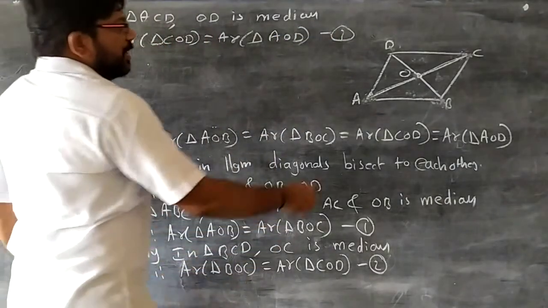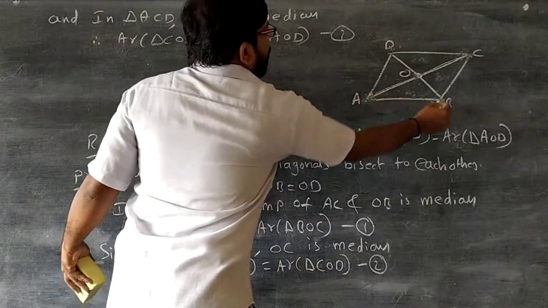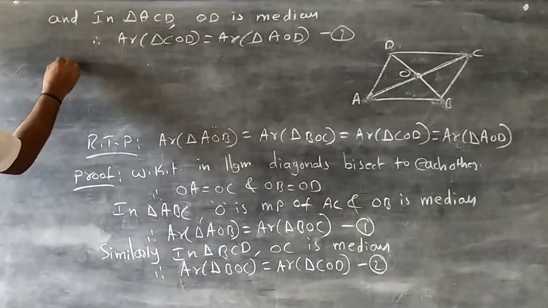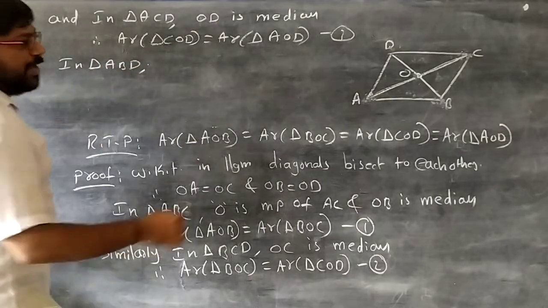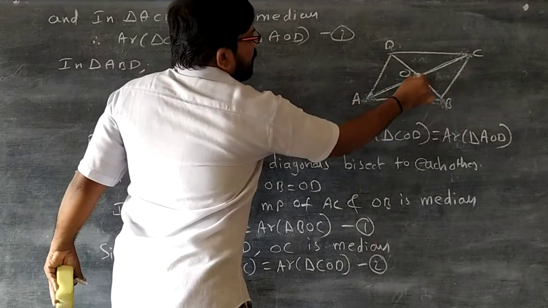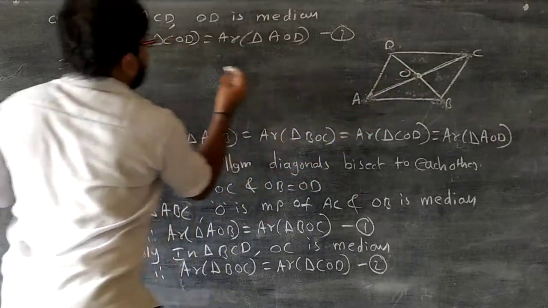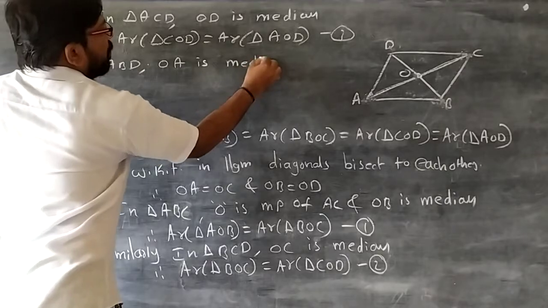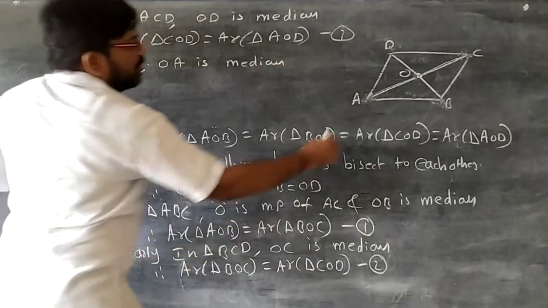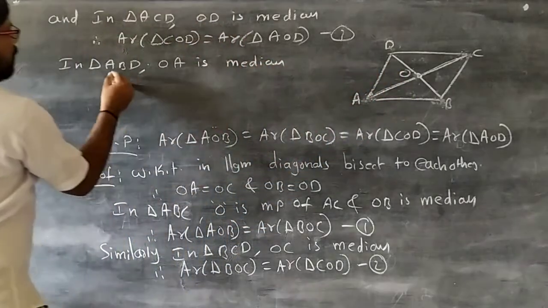And next, take this triangle ABD. In triangle ABD, which is median? OA is median. Right? Then these two are of equal area.